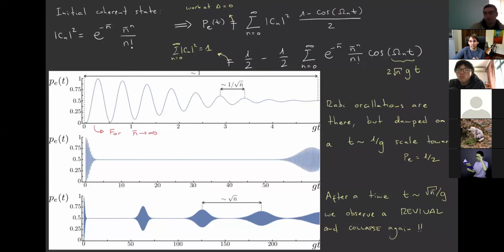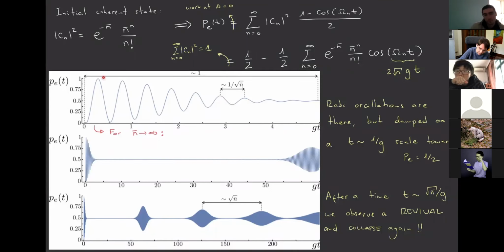We discussed already that when we say that coherent states are the most classical states, what we mean is that we recover the classical statistics of the electromagnetic field when we set the state of the field to be a coherent state with an infinite number of photons, or a very large number of photons. Then, in this situation, something interesting happens, because this periodicity goes as 1 over square root of n, okay?